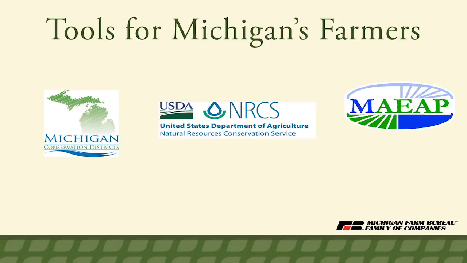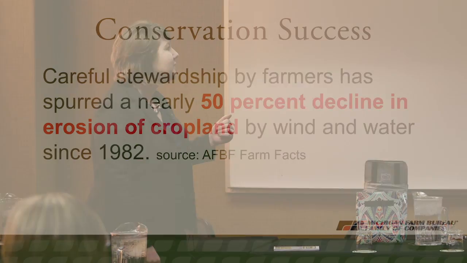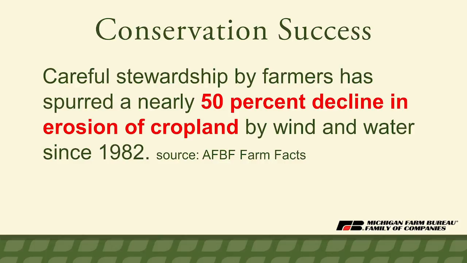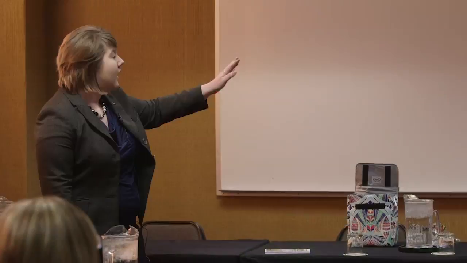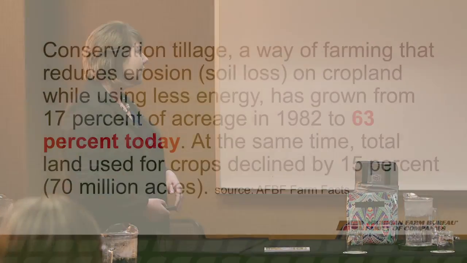Different tools that are reflected in policy and that I'm sure a lot of you are aware of, conservation districts, NRCS, which I see Sean is in the room today, and also the MEEP program. Since 1982, careful stewardship has created a 50% decline in erosion of cropland.